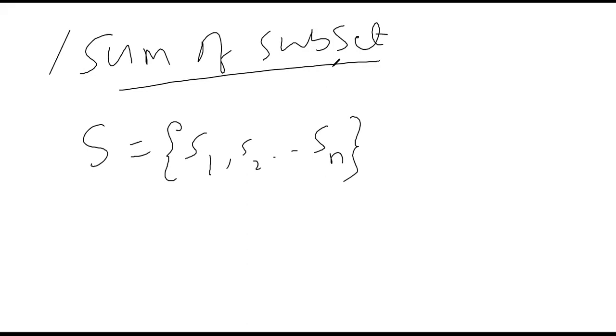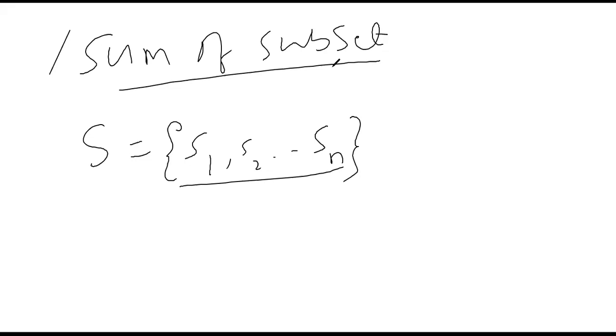Fine. So what is the problem statement of sum of subset? S is a set of n positive integers. All those S1, S2, Sn are positive integers. What we need to find here is a subset whose sum is equal to a given positive integer. I will repeat.